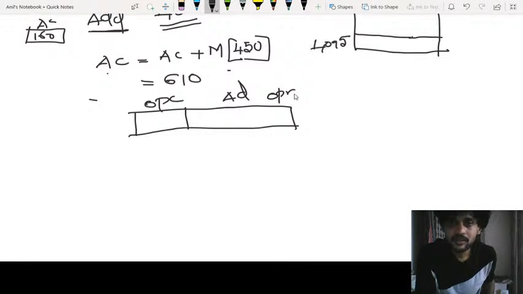Let me take you to another level here. So far we discussed the opcode. The opcode gives you the operation code which is going to be performed on the operand, right?